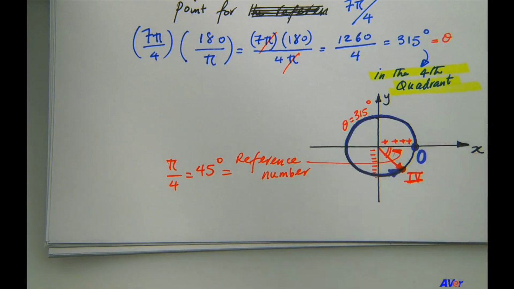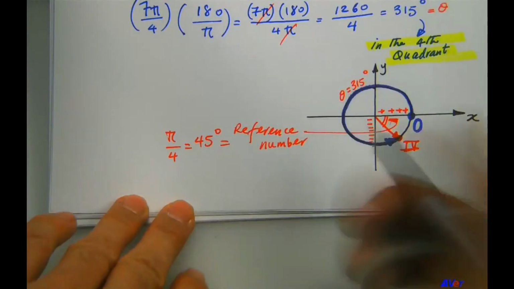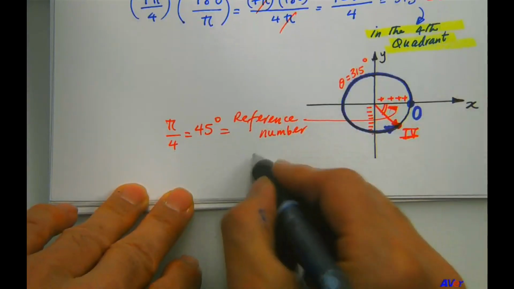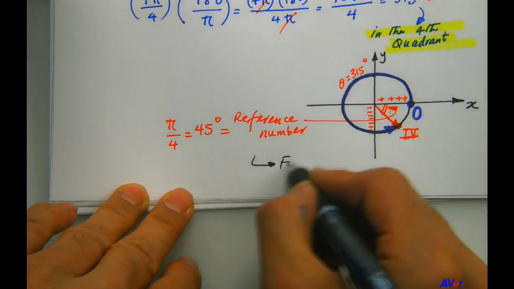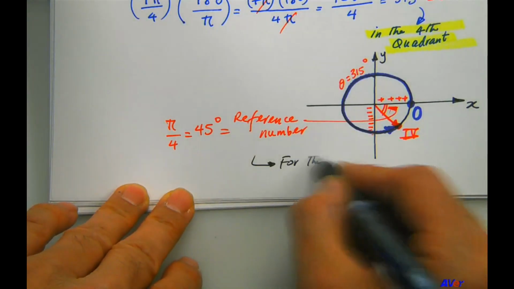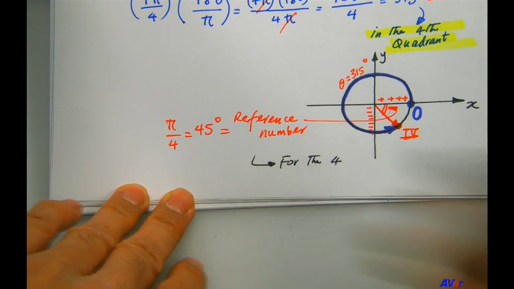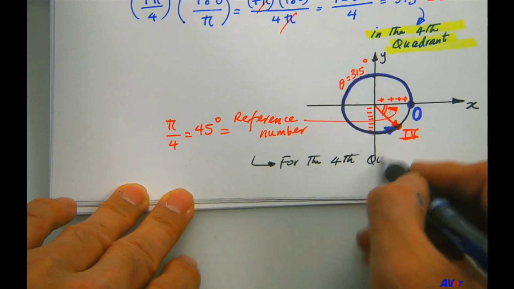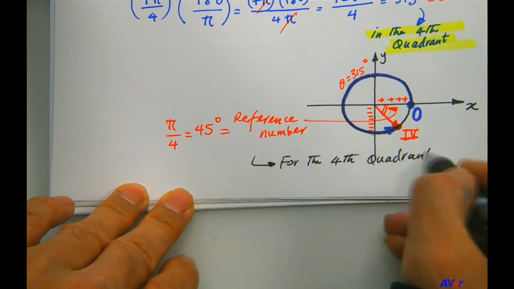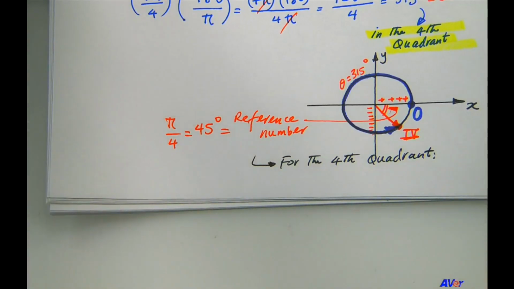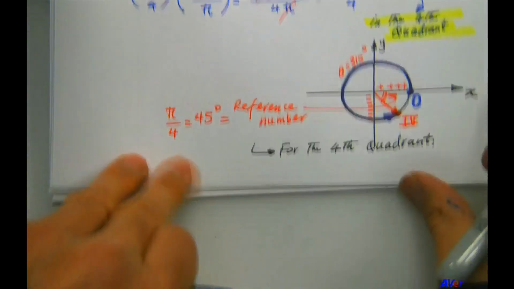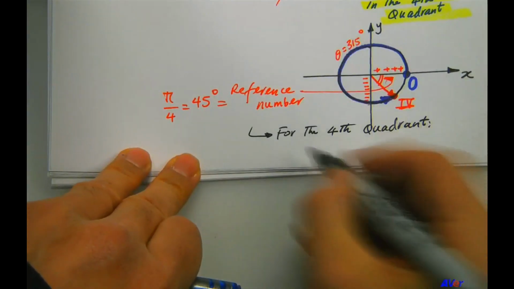Because we're in the fourth quadrant. Therefore, in the fourth quadrant, we have this as the coordinates of the terminal point.